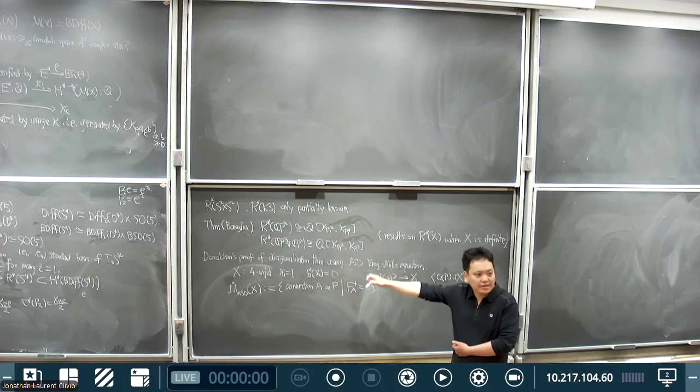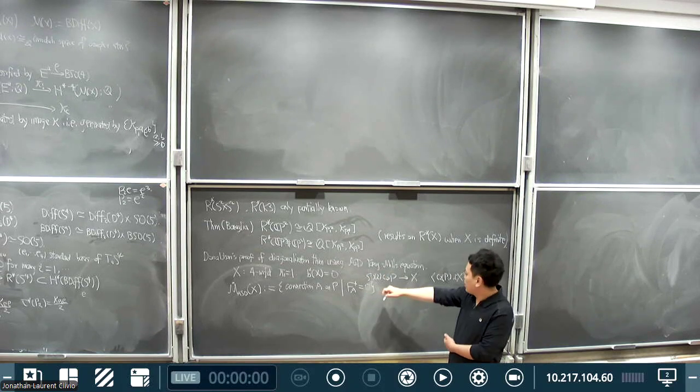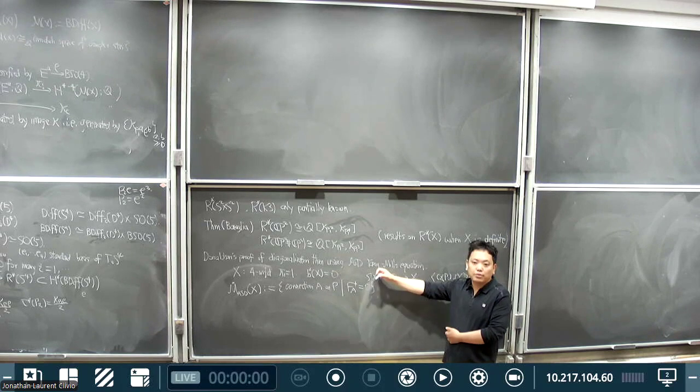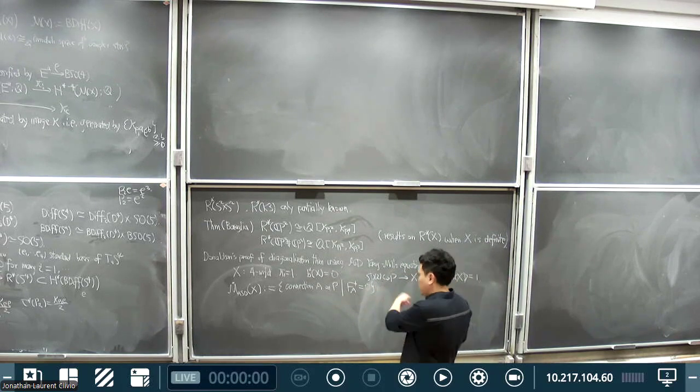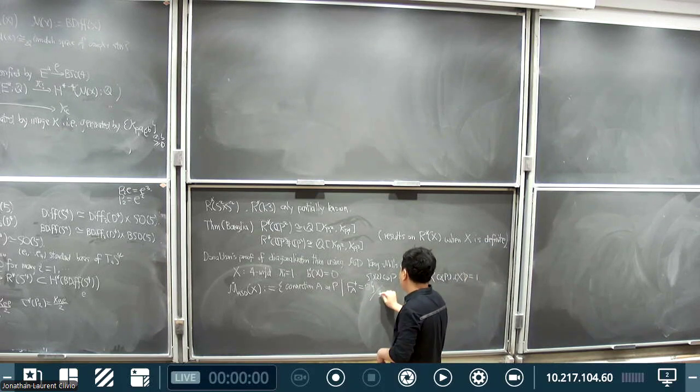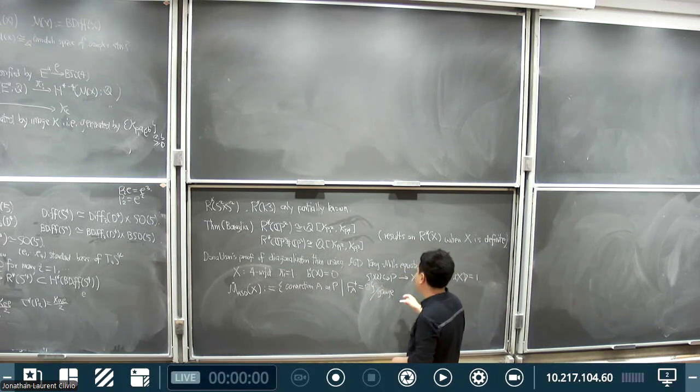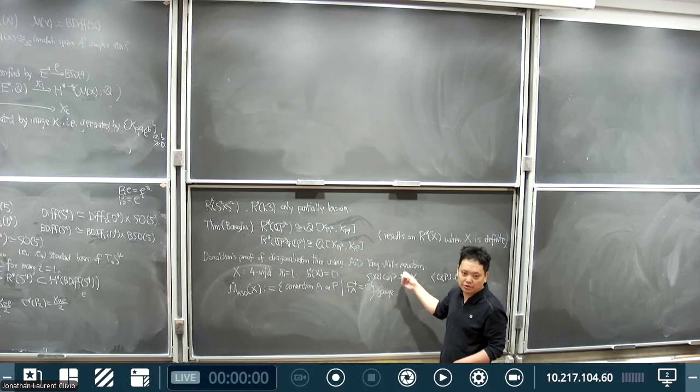You have seen this in the Seiberg-Witten setting. The only difference is that P is an SU(2) bundle, not a U(1) bundle. Of course, we still need to mod out by gauge transformations, which in this context means the automorphisms of the principal bundle.